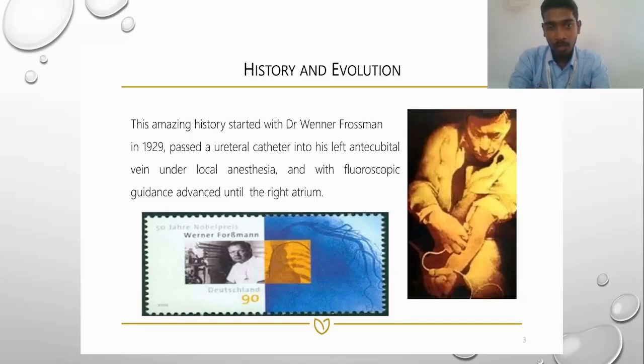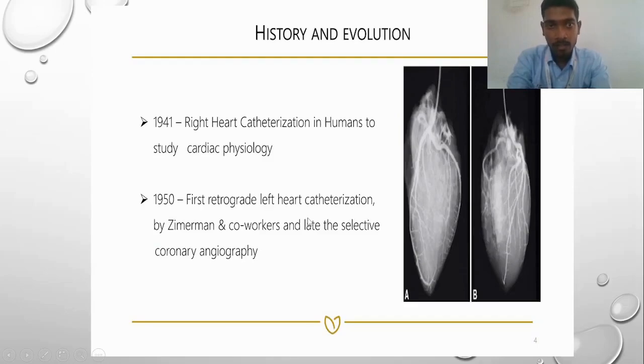In the procedure, he advanced the catheter into the right atrium, as the picture shows here. In 1941, right heart catheterization or angiography was done for a patient with cardiac insufficiency. In 1915, the first retrograde left heart catheterization was done by Pierre.